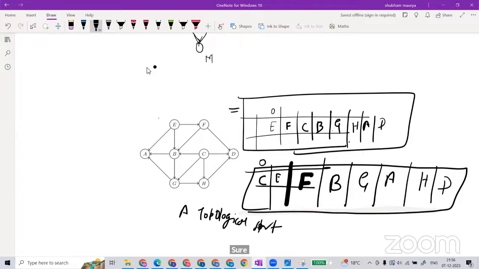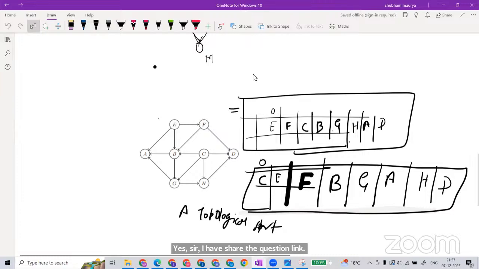Shubham sir, one doubt. Actually, an exam related question has the wrong answer, sir. Yeah, I have noted it. Which problem are you saying? I have shared the question link in the chat box, sir.